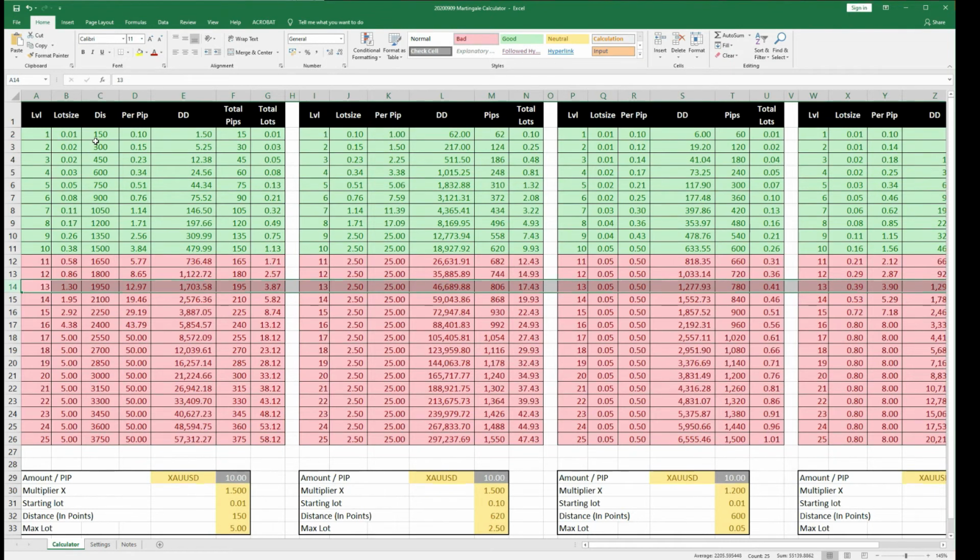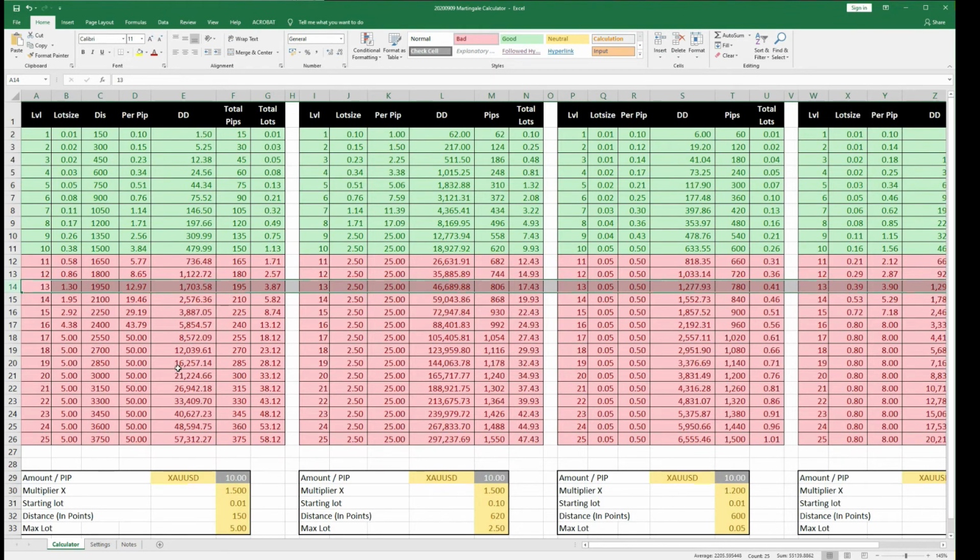Because if you didn't take that into account, and you punch numbers in and just let the EA run, I tell you, you're just being foolish to go in blind like that.